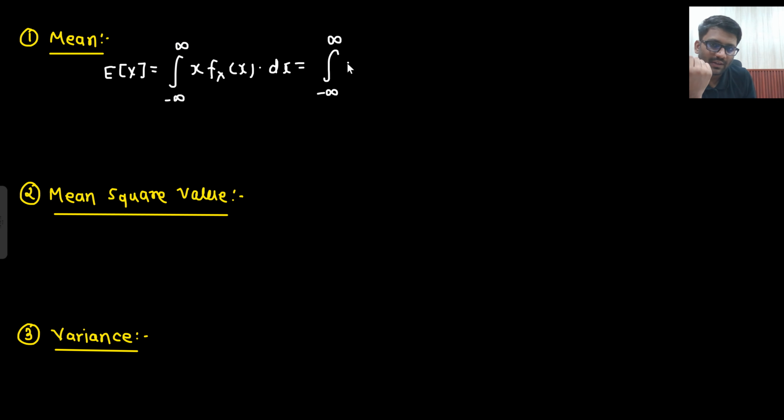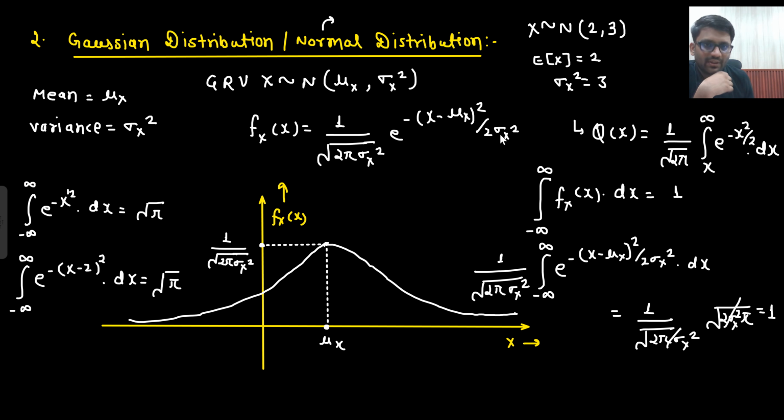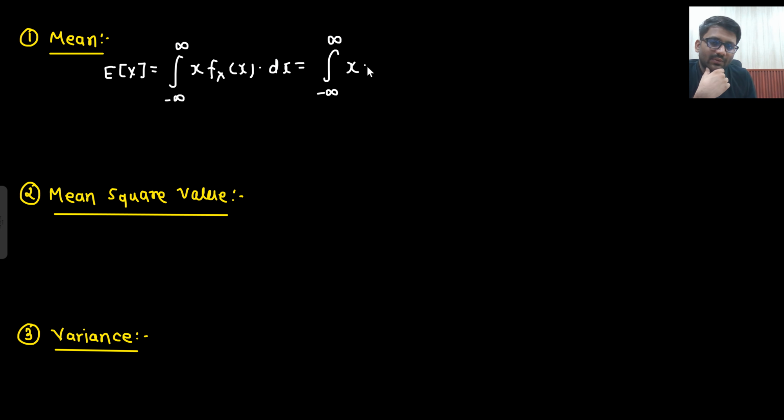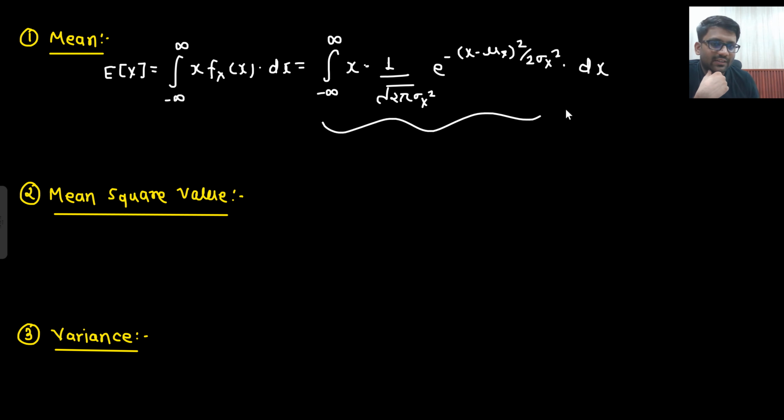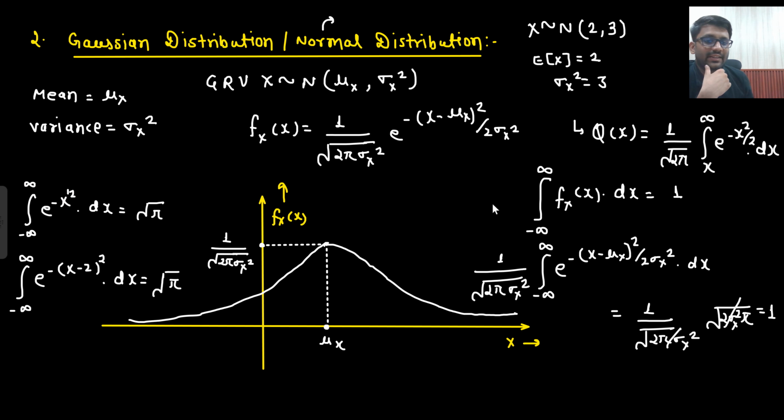What is your fx? 1 upon under root 2 pi sigma x square e to the power minus (x minus mu x) whole square divided by 2 sigma x square dot dx. Now this integration will become very difficult, but when you solve this integration, the answer would come out to be mu x. So that's why in the expression itself we write in this manner, that from the expression only we can get to know what is my mean and what is my variance. So this is how we define our Gaussian random variable or our normal distribution.